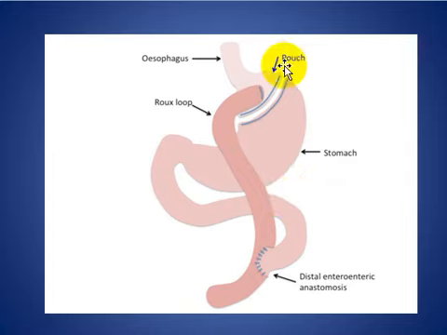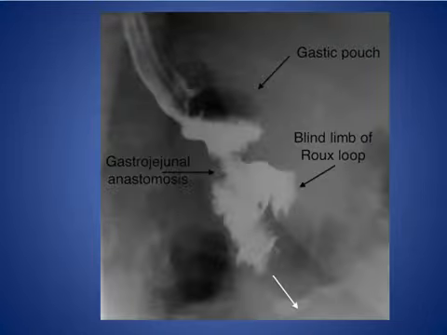Here we see the small gastric pouch, and there is the gastrojejunostomy, and this is the Roux limb. It is with distal anastomosis with the jejunojejunostomy. And here, this is the gastric pouch, and this is the gastrojejunostomy.